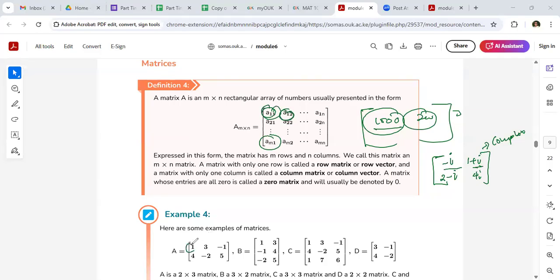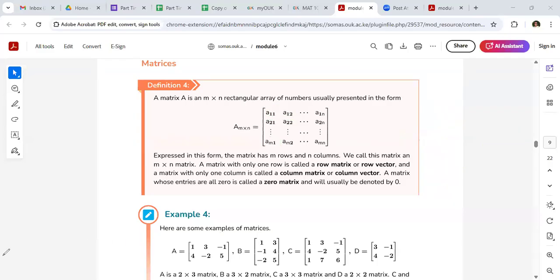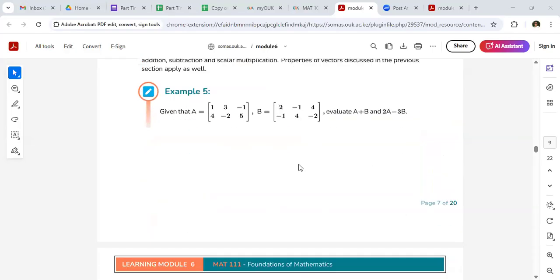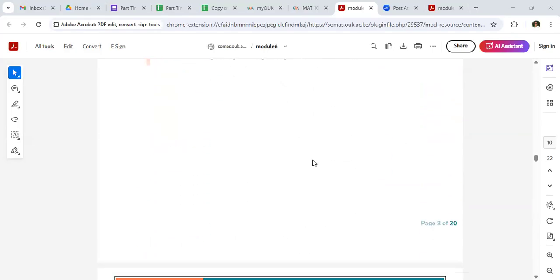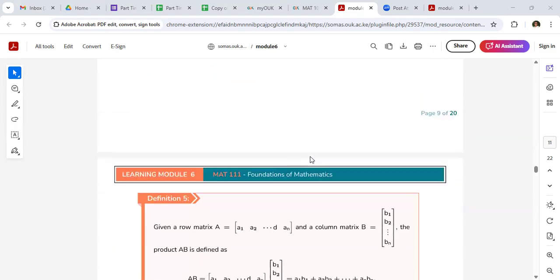It's not limited to ones. It's only that in my examples I use one for ease of computation, but it can be any real number. Okay, thank you for that question. We just use simple examples to demonstrate, just to enhance your understanding.